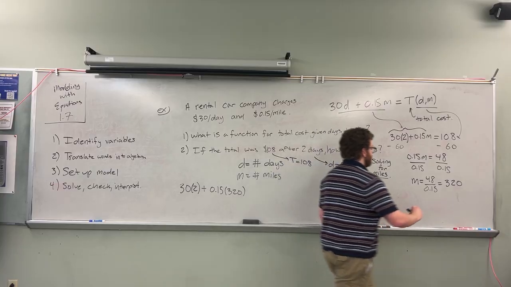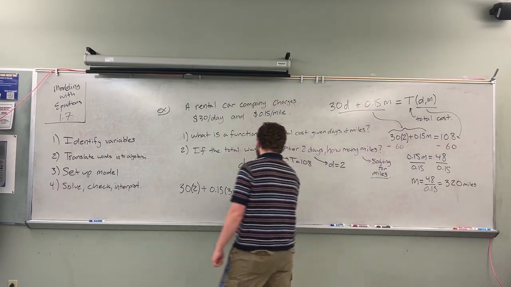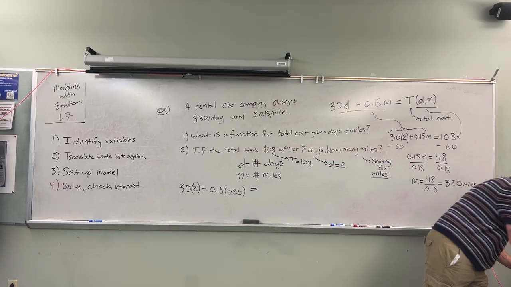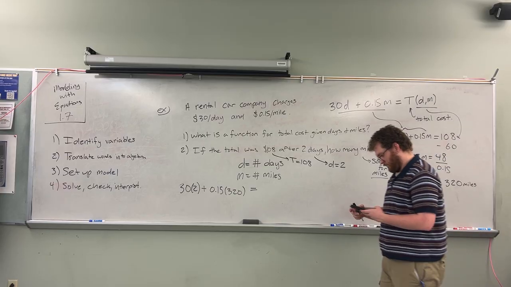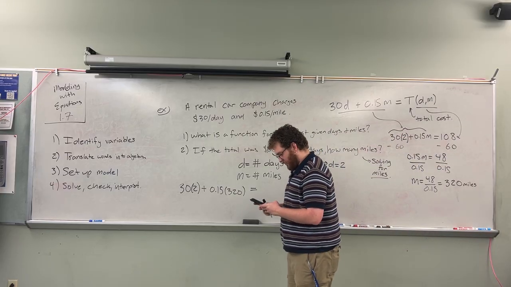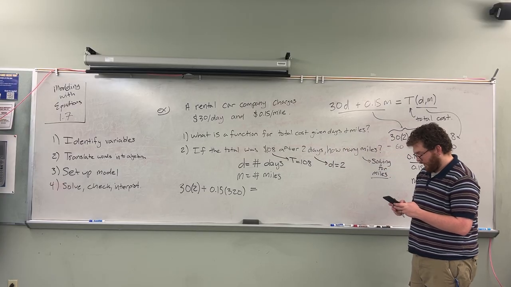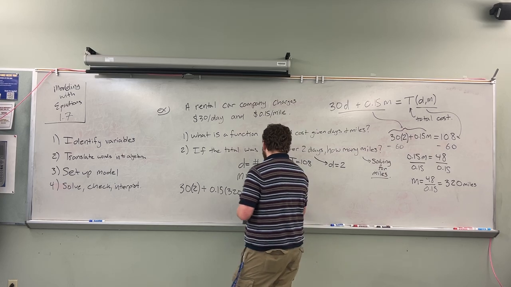And I'm going to write the units here. Equals, where's my calculator? 30 times 2 plus 0.15 times 320. And wouldn't you know it, I get 108.